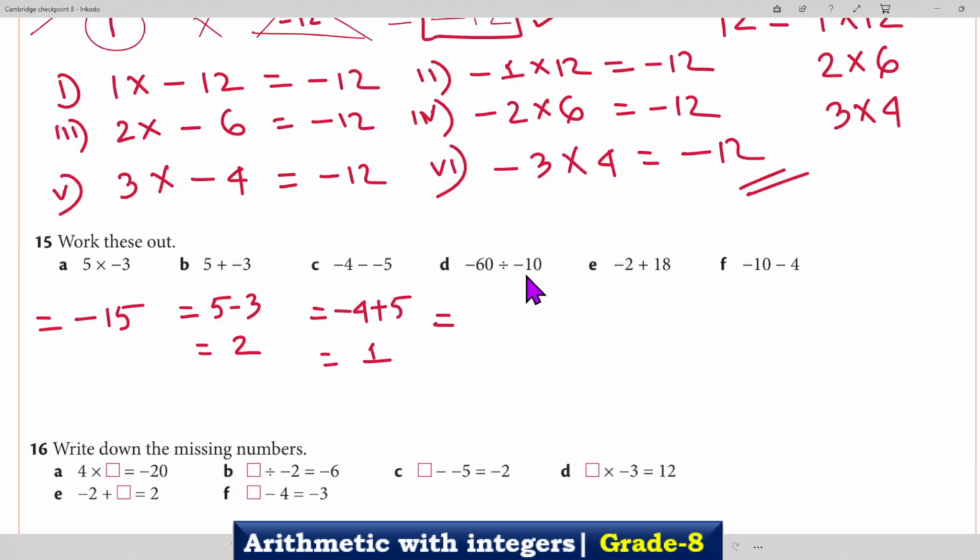Negative 60 divide negative 10, so first minus divide minus, it will become plus. 60 divide 10, it will be 6, so our result is 6. Minus 2 plus 18, it will be plus 16. Minus 10 minus 4 minus 14. Very simple.